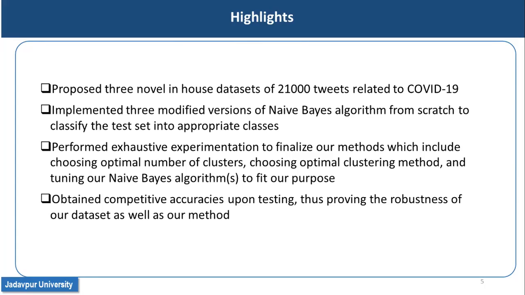After that, the classification procedure using Naïve Bayes was done. We obtained good accuracy upon testing, so we can say that the model as well as the methods are robust.